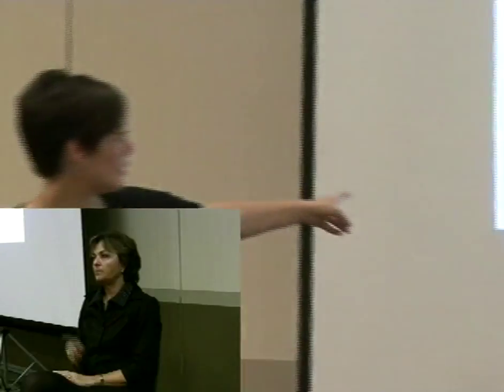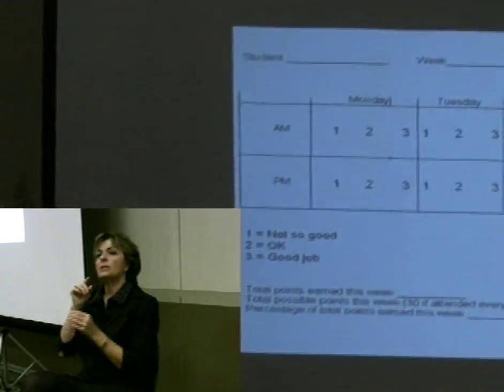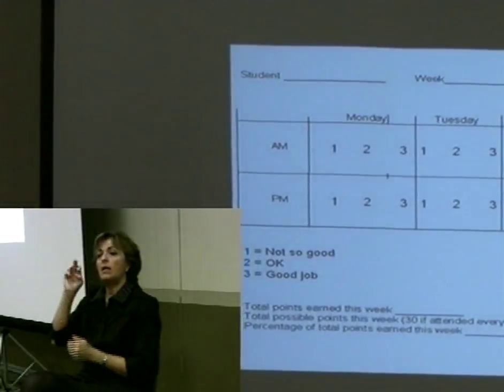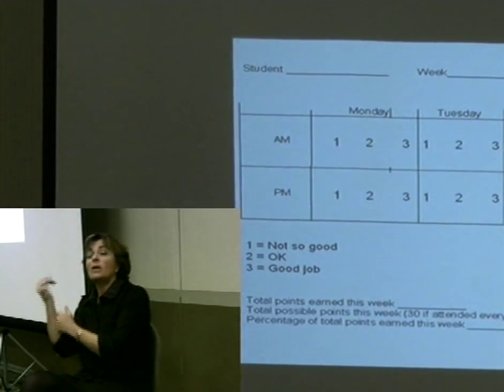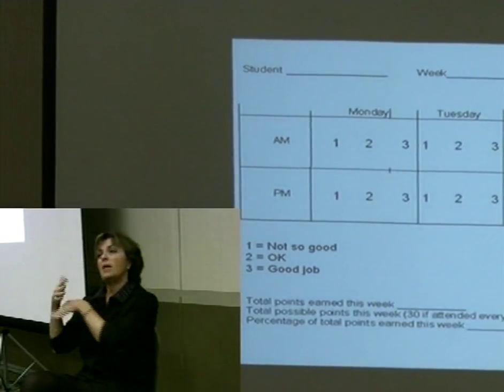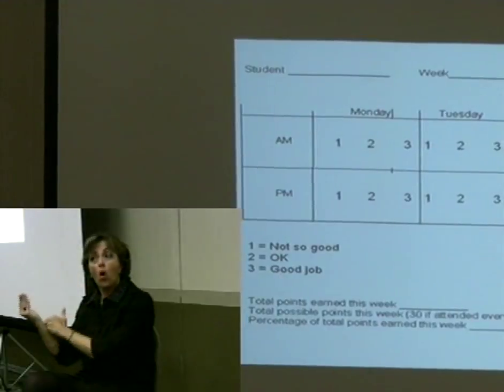Here's another simplified version of that, afternoon and morning. So maybe they are a kindergarten student and they're mainstreamed in kindergarten for the morning, and then they're self-contained DHH in the afternoon, or something like that, where there's a real clear division of AM and PM. Maybe you just give them an overall rating. Some of the downsides to this is that it's just an overall 1 score for what is likely several hours of time.